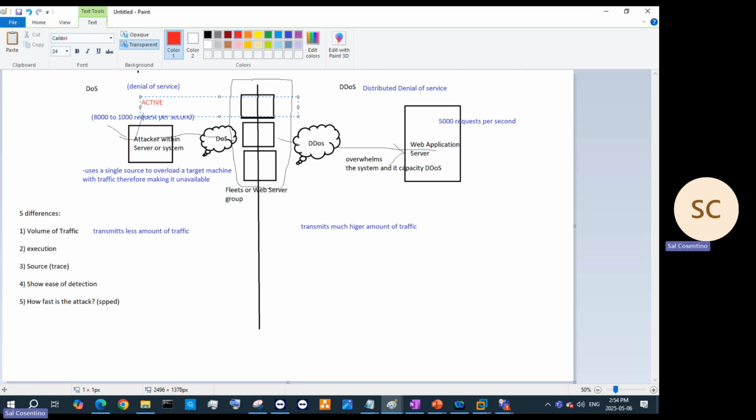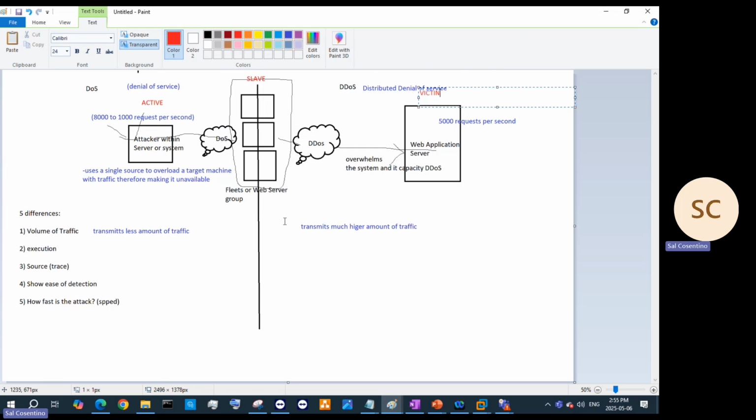And then you have your slaves, and then you can have your victim machines. You can have your slave machines or your victim machines. Slave, and then your victim, as an example. And your slaves are basically your fleet or your web server group that hold that application, right?